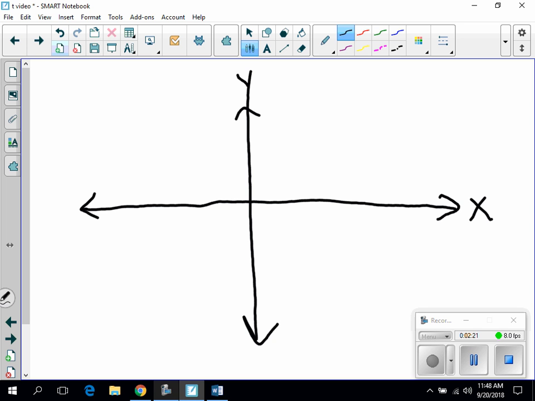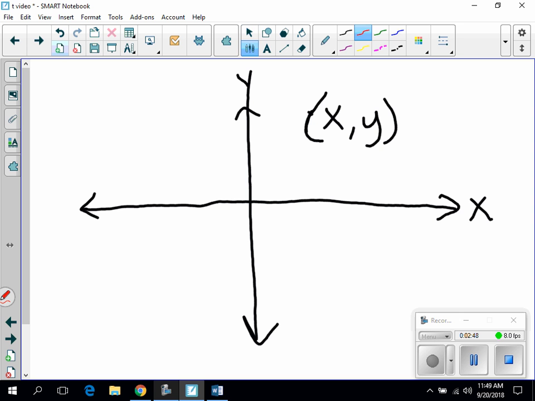When I drew the y-axis, I just continued the tail of the y. That's the way that I remember which is the x-axis and which is the y-axis. When you graph a point or name a coordinate, you always put x first and then y second.